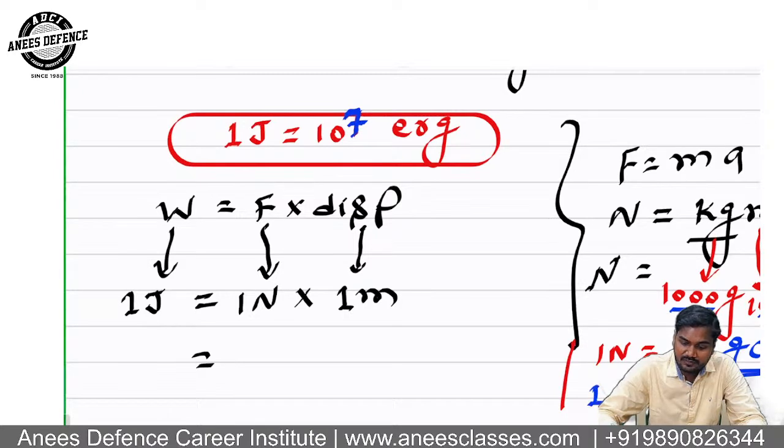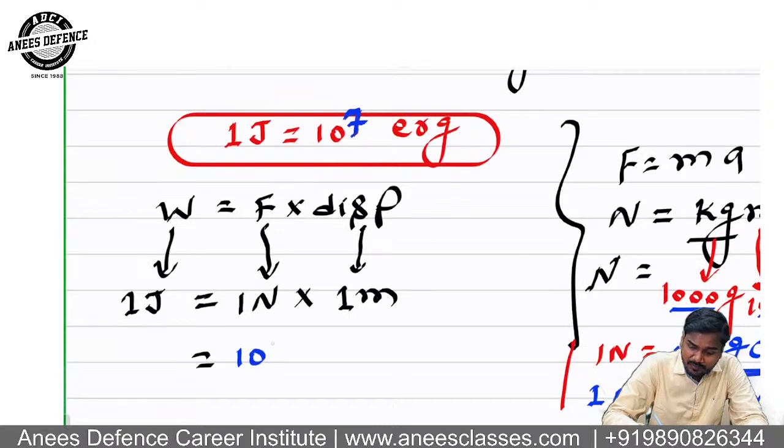Means 1 Newton is equal to 10 raised to power 5 dyne, where dyne is the CGS unit.